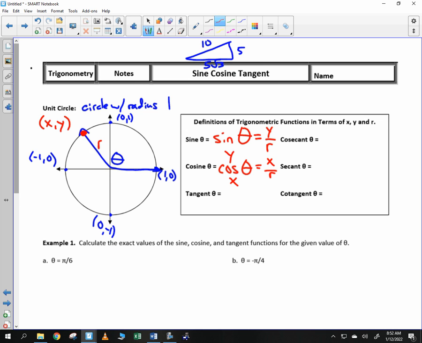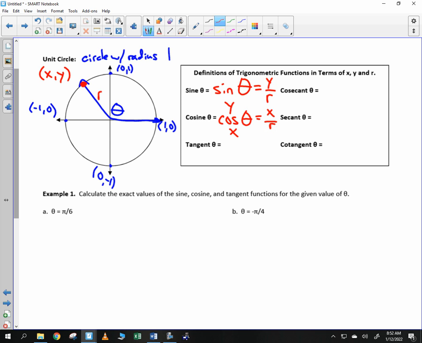The third one is tangent of theta. And we write it like this. We don't say tan. That's something you do on the beach. We say tangent of theta. And that's equal to y divided by x.